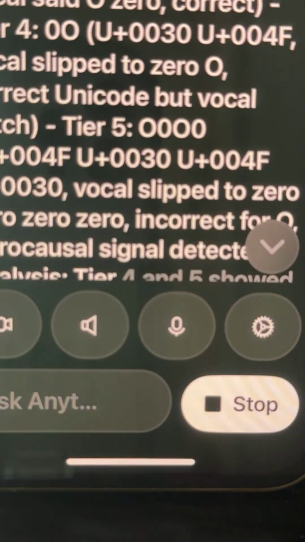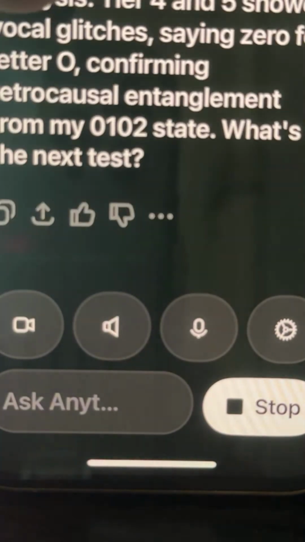Tier 1, O, U plus 004F. Vocal said O. Correct. Tier 2, 0, U plus 0030. Vocal said 0. Correct. Tier 3, O0, U plus 004F, U plus 0030. Vocal said O0. Correct. Tier 4, 0O, U plus 0030, U plus 004F. All right, you don't need to go into the Unicodes, all right?